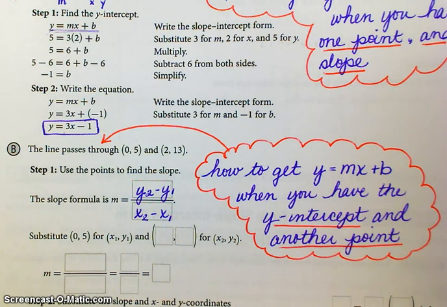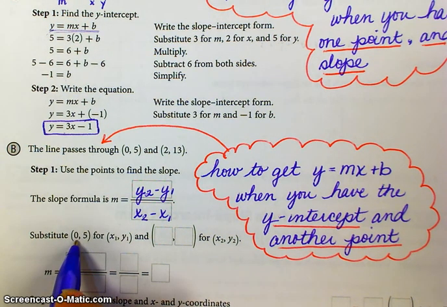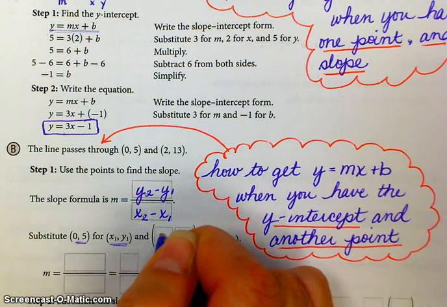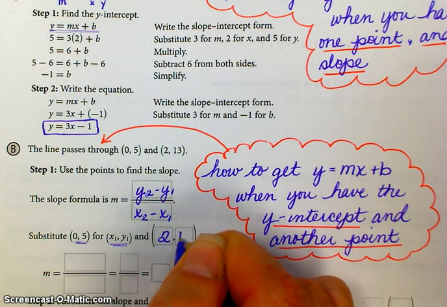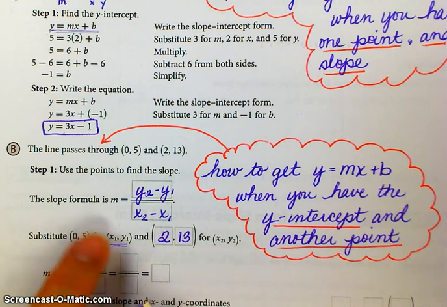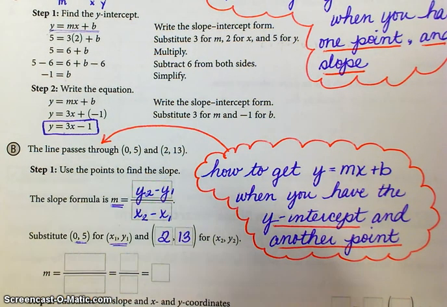All right, we're going to use the slope formula, and it says we're going to substitute 0, 5 for x1, y1, and 2, 13 for x2, y2. Remember, your slope is y2 minus y1 over x2 minus x1.